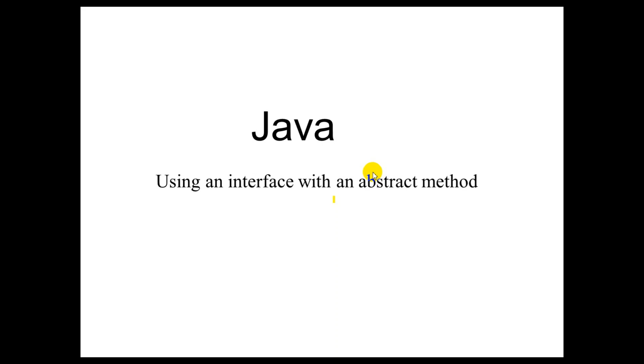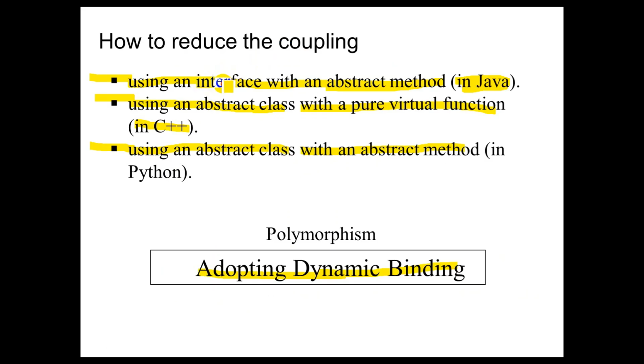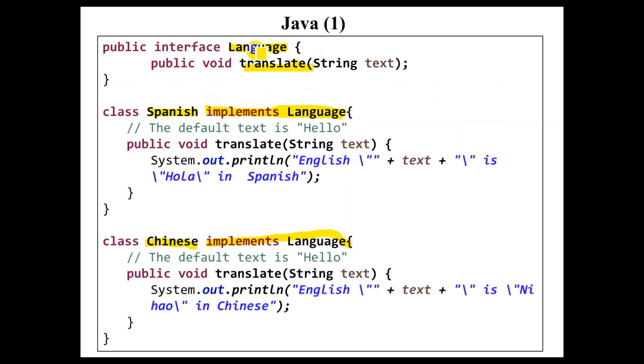First, we can see the implementation in Java as before. You can see that we have the interface with an abstract method. So we have the language interface here. Since Spanish and Chinese are languages, I created an interface called language, and we have the abstract method translate.